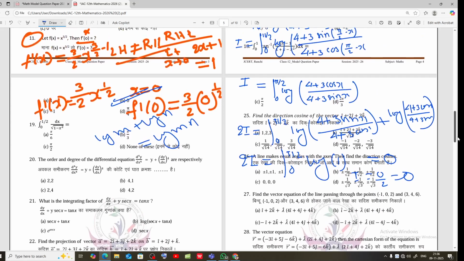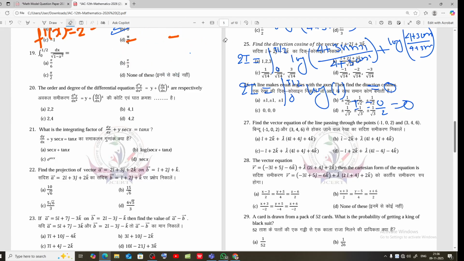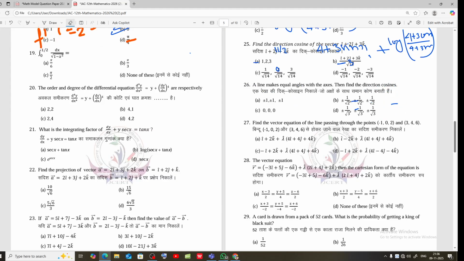Now question number 19. The integration from 0 to 1 by 2 of dx by root of 1 minus x square.